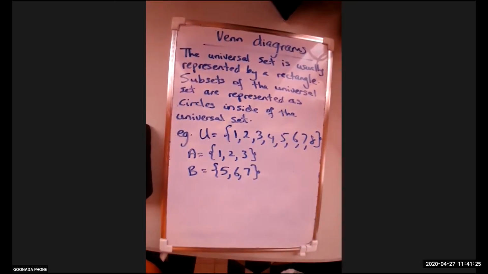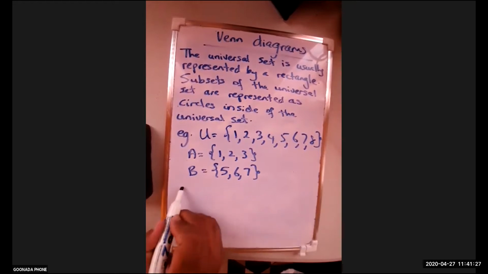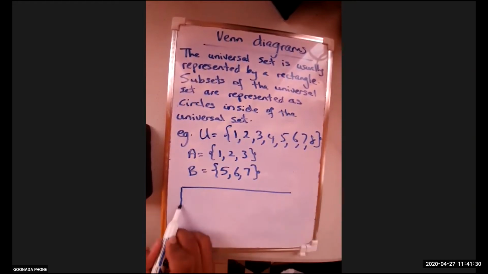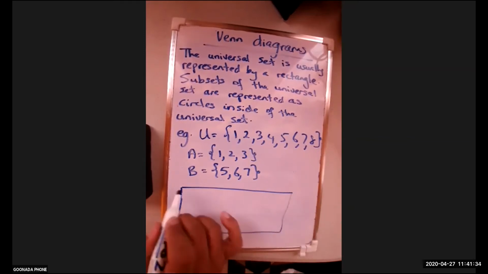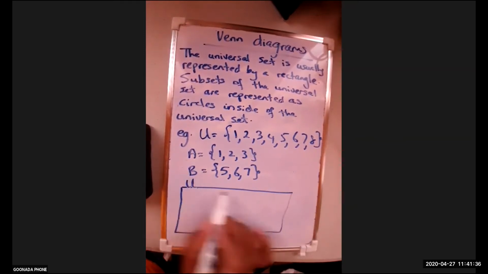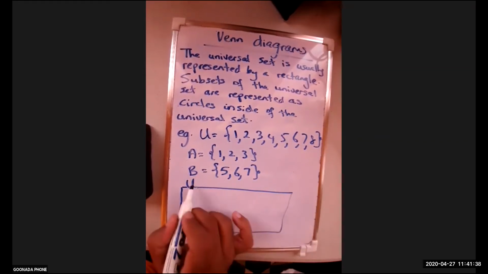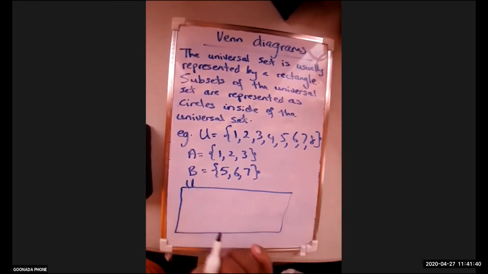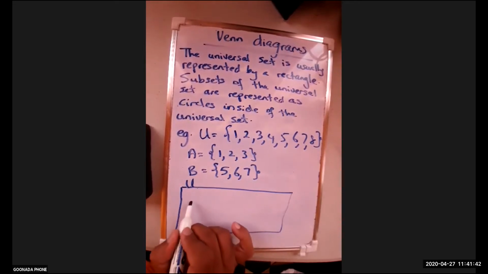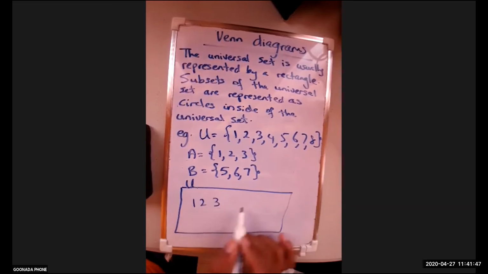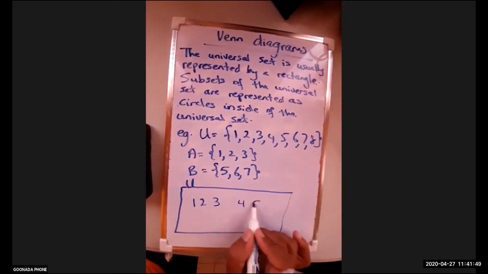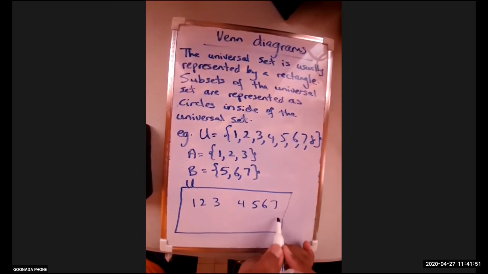If we have to represent this on a Venn diagram, remember the universal set is represented as a rectangle, and you put the capital U at the top, anywhere on the top if you want. You have to put this capital U, people. And of course, the elements of the universal set will go in here. It doesn't matter where in the universal set they go.